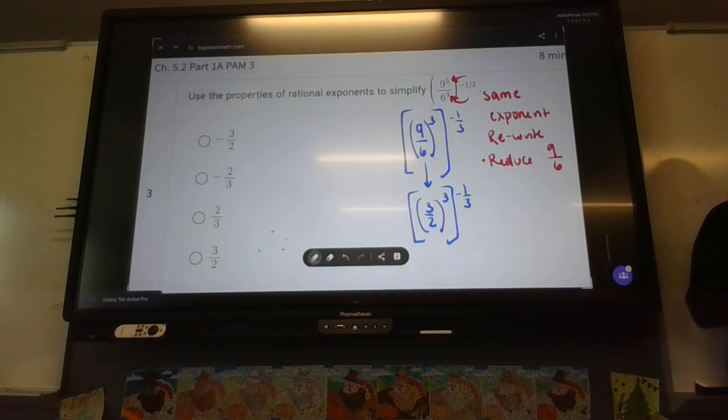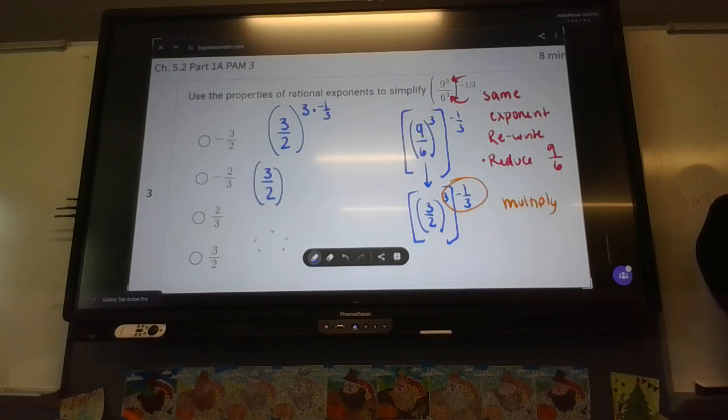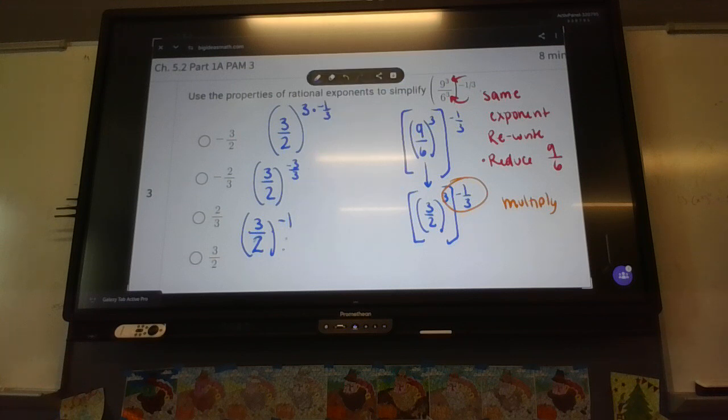And now we've got our power properties, so you can multiply. So 3/2, and that would be 3 times negative 1/3. So base 3/2, negative 3/3. Base 3/2 to the negative 1 power. Any questions on all those steps I just said?